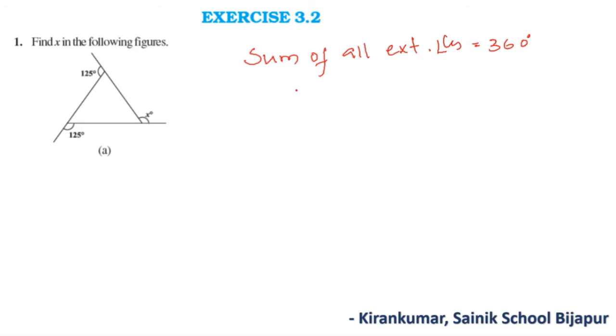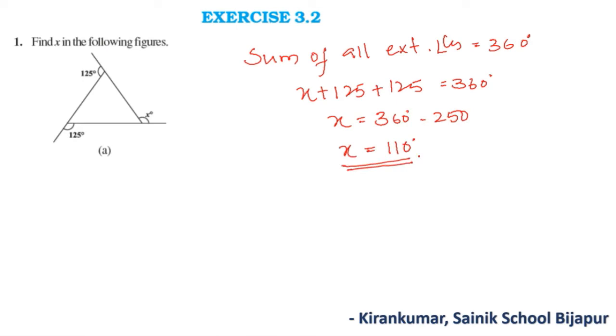Therefore, X plus 125 plus 125 is 360 degrees. So X will be equal to 360 degrees minus 250, the sum. So X will be equal to 110 degrees.